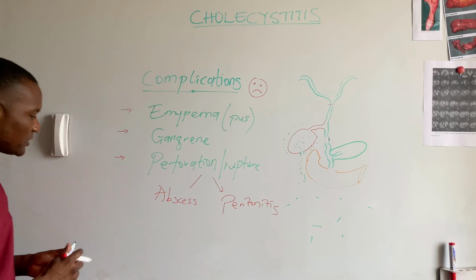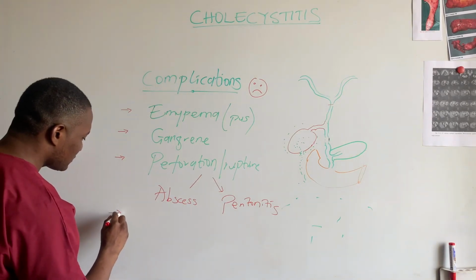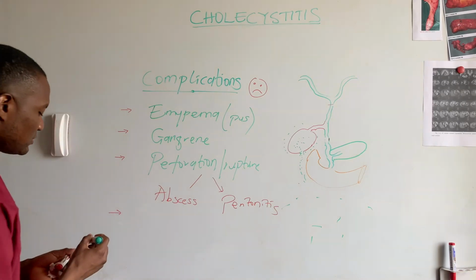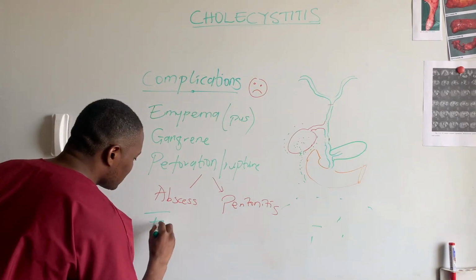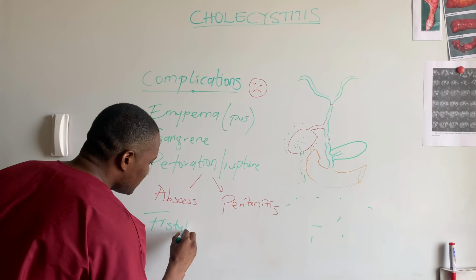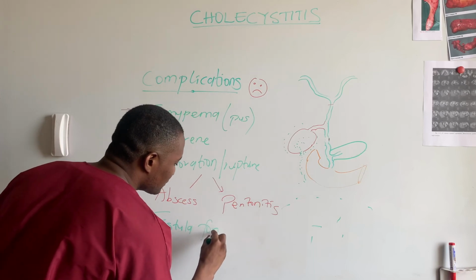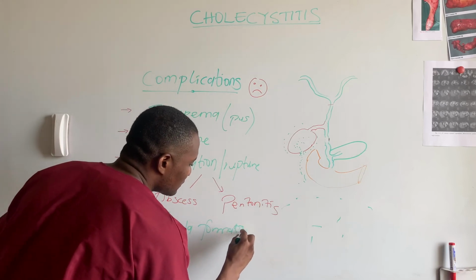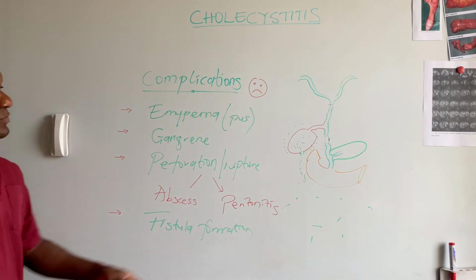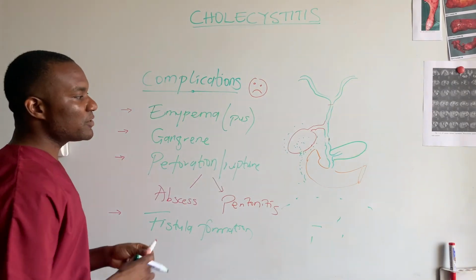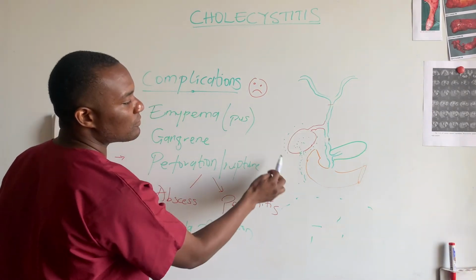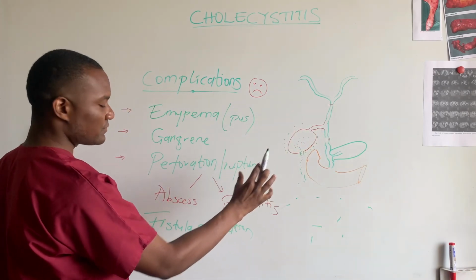The next complication is called fistula formation. And how does this happen? When there's inflammation, inflammation also leads to the adhesion of adjacent structures.